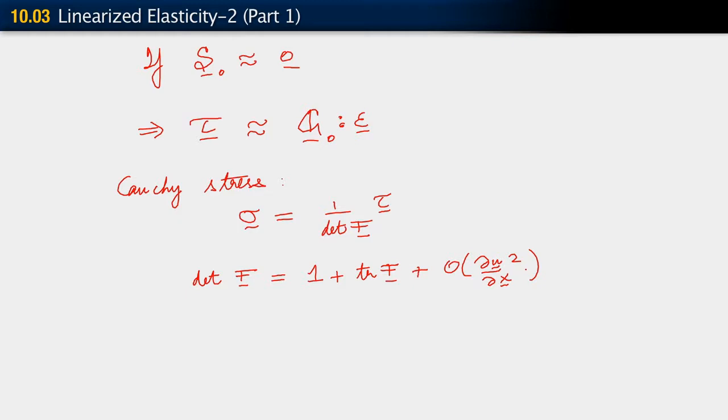Okay. Now, once again, neglecting terms that are of higher order, one can say that determinant of F equals 1 plus trace of F. Okay, and therefore 1 over determinant of F equals 1 minus trace of F, up to first order.